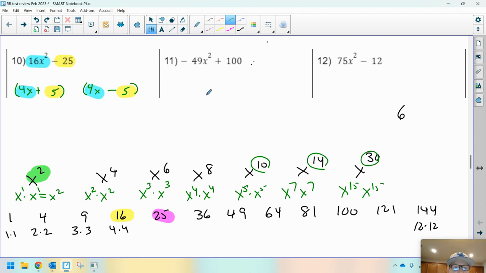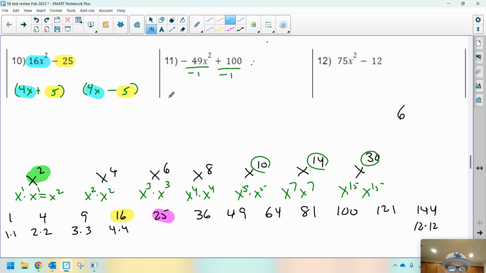All right, let's hit number 11. In number 11, I don't know how much we did something like this, but we don't have a plus in the middle and we have a minus at the front. If you see this, and again, I don't know how much of this we did in class, so pay attention in case this is on your test. We are going to take out a negative. We don't want a negative at the beginning, so we're going to divide by a negative 1.